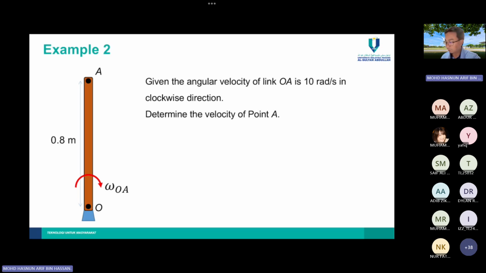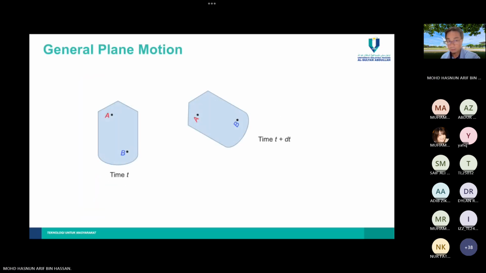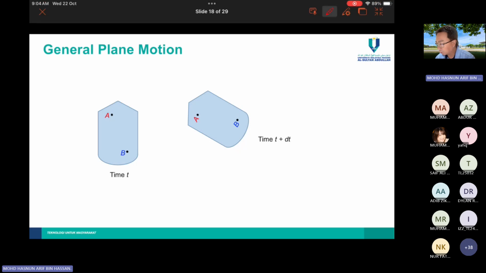Okay, this is the previous example. Now let's move on to general plane motion. So general plane motion means the motion involves both translation and also rotation. So this will be translation plus rotation.